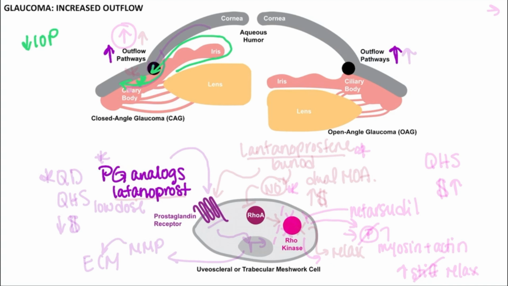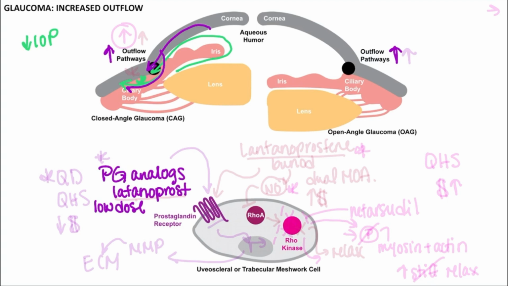But at low doses, like those used in glaucoma, prostaglandins will promote the outflow of aqueous humor, thought to mostly be through the uveoscleral pathway, but some trabecular meshwork pathway as well, and reduce that intraocular pressure.